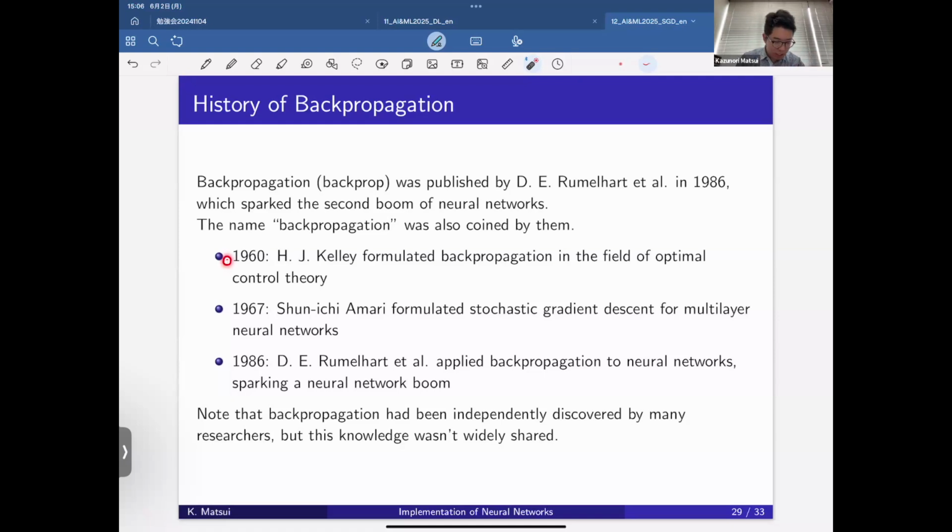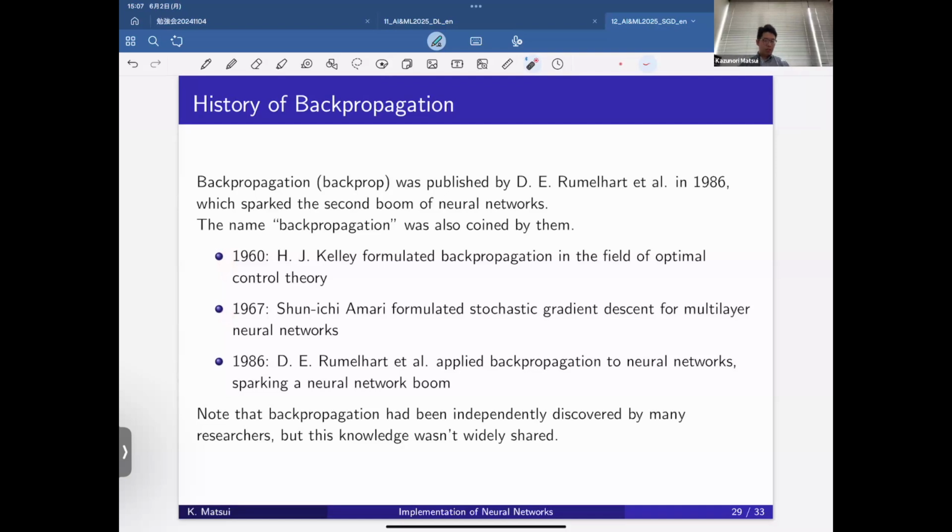In 1960, it was taken up in the field of optimal control theory, and in 1967, Professor Amari formulated stochastic gradient descent for multi-layer neural networks. So before Rumelhart had proposed it, there were actually contributions from Japanese people too.